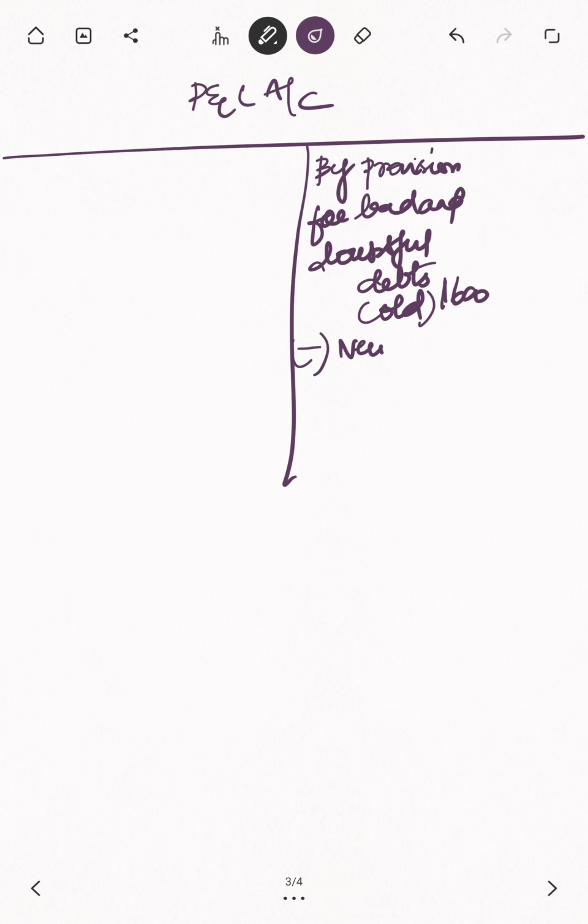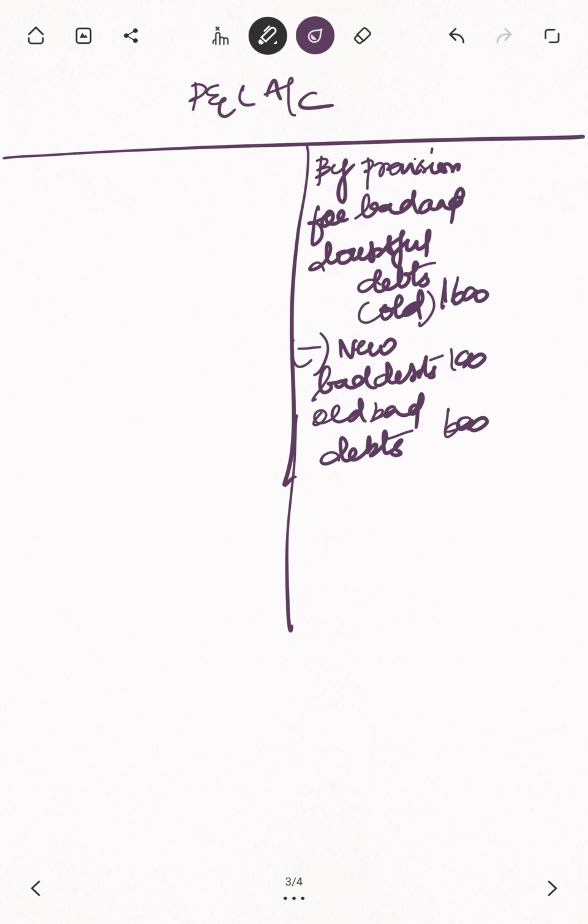So new bad debts, new provision, old bad debts. So the difference amount 105 will be entered in the P&L account credit side.